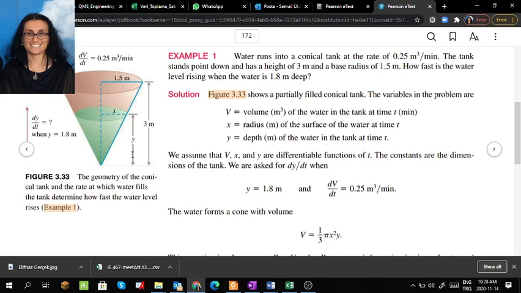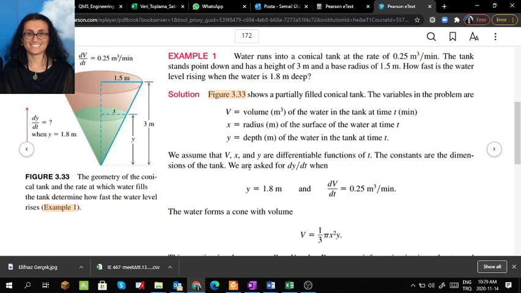The height of the water depends on time, and the radius of this cone, depending on the water shape here, depends on time and increases as time passes. So y is the depth of the water in the tank at time t. Now, of course, here we assume that the volume V, x and y are differentiable functions of t. This is an assumption.